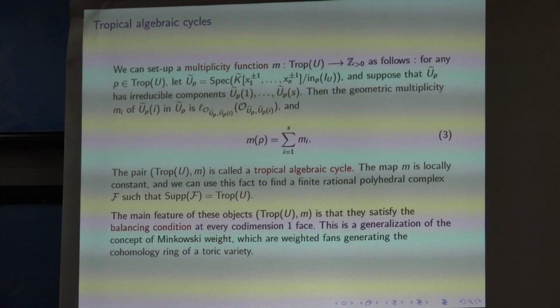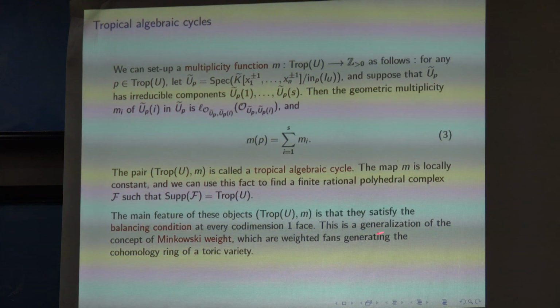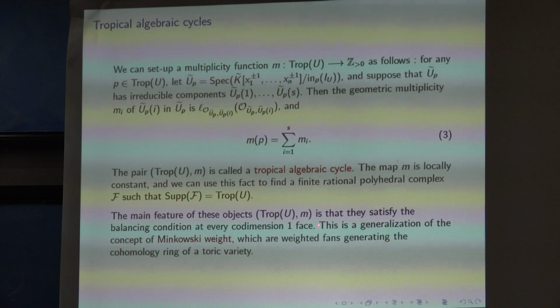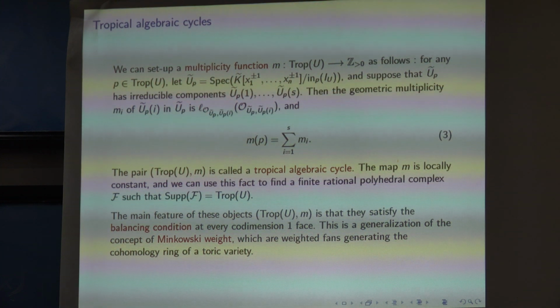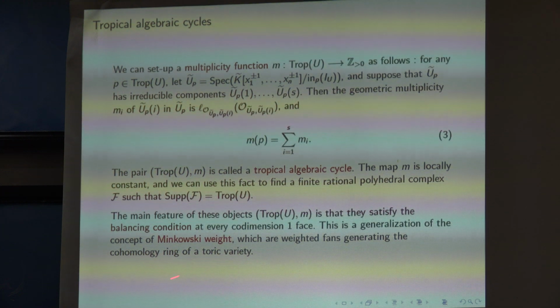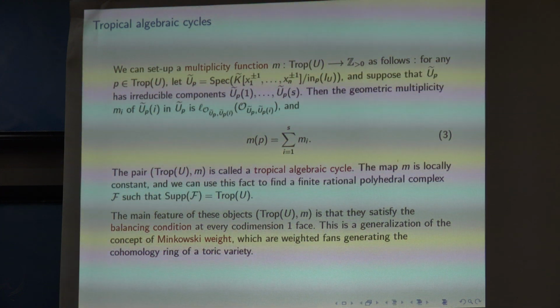The main feature of these pairs is that they satisfy the balancing condition at every codimension one phase. This is a global generalization of the concept of Minkowski weight, a combinatorial gadget which appears in the cohomology ring of a toric variety.